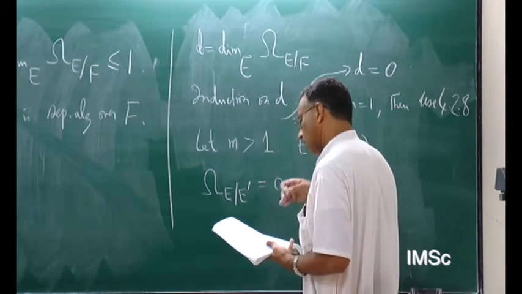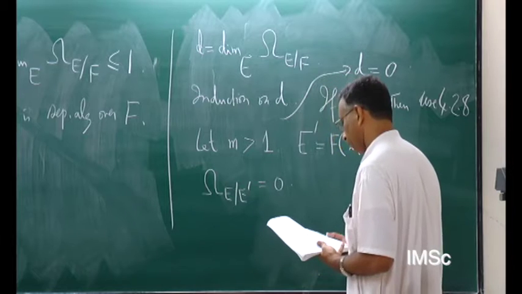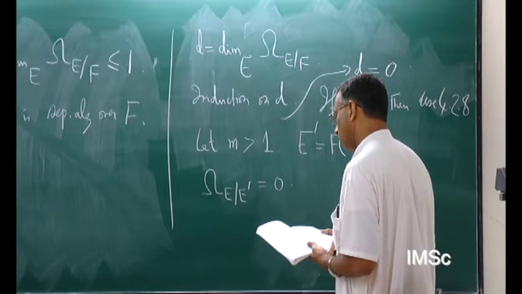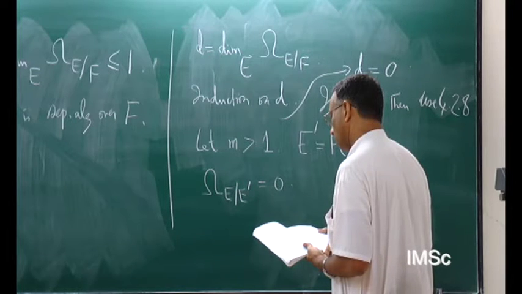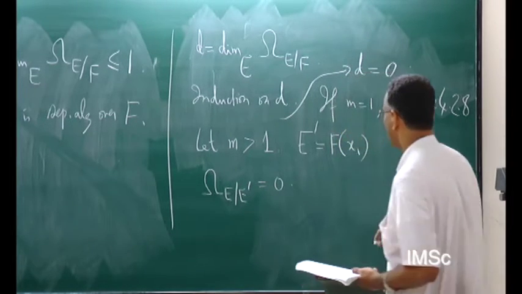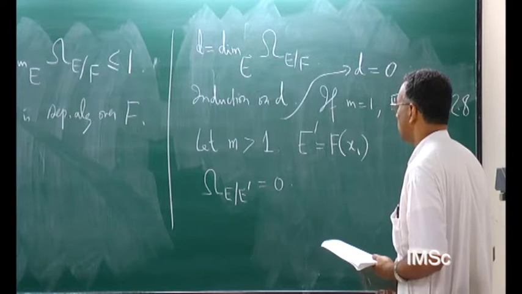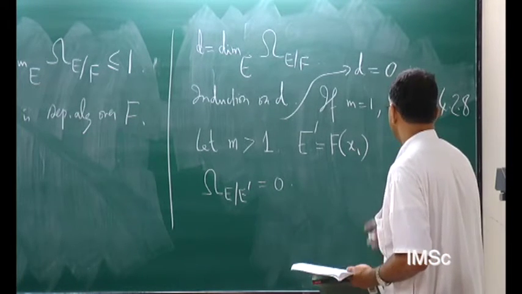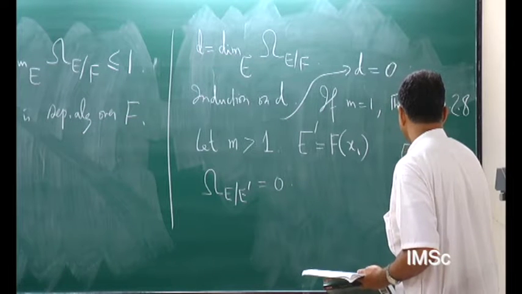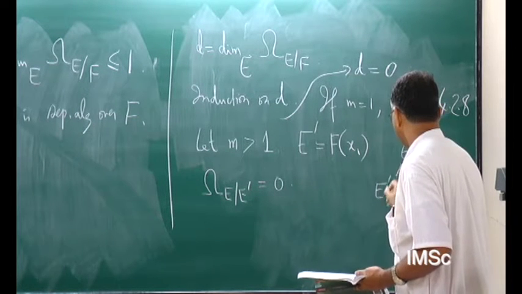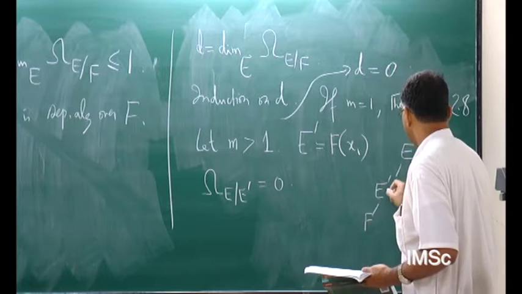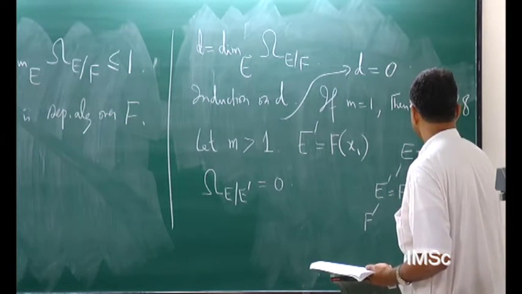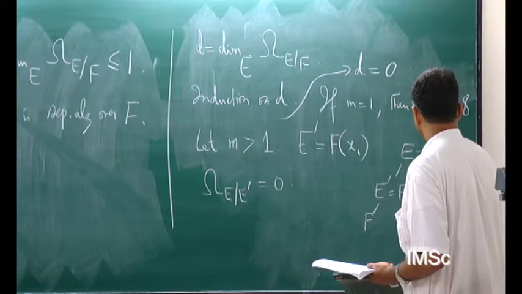So by induction on M, we may assume E is separably algebraic over F(x1). So we have E here, E prime here, F here, this is F(x1), this is E prime, F(x2, ..., xm).